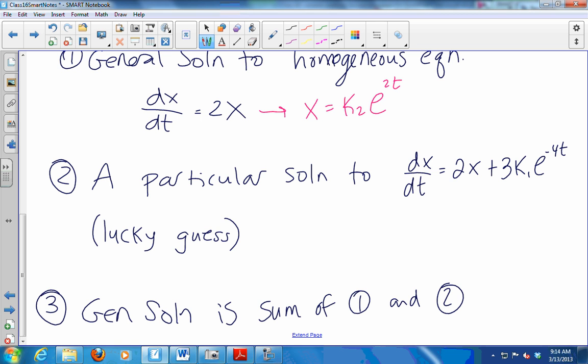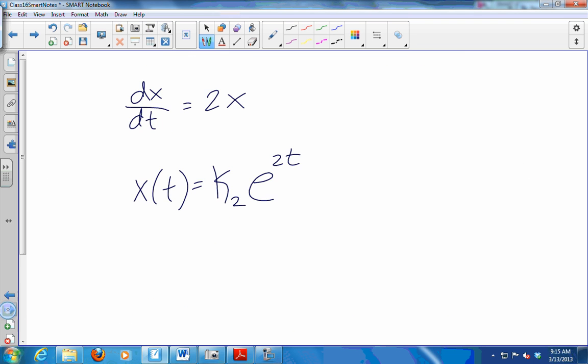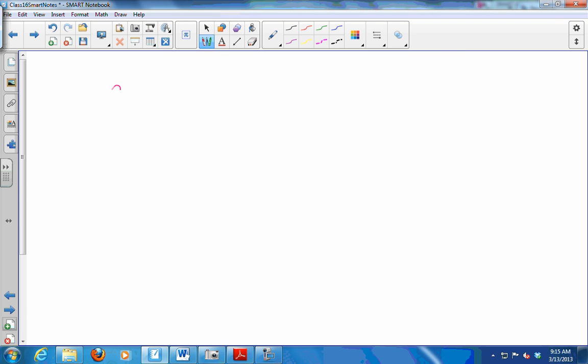All right, so now we have to find a particular solution to the non-homogeneous differential equation. This is where we do some guessing. It helps, remember, when you're doing your guessing, to move the 2x to the left.